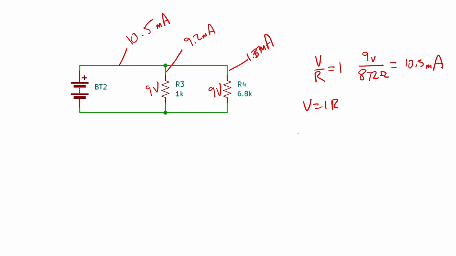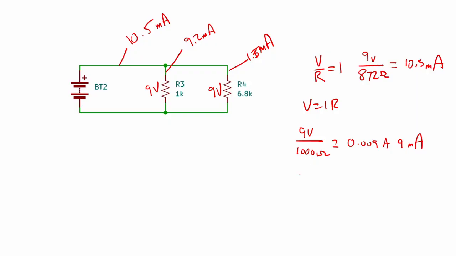So we're going to take the voltage, which is 9 volts, and we're going to divide by our 1 kilo ohm resistor, so 1,000 ohms. That gives us 0.009 amps, or 9 milliamps. Again, very close to our 9.2, which is what we measured.